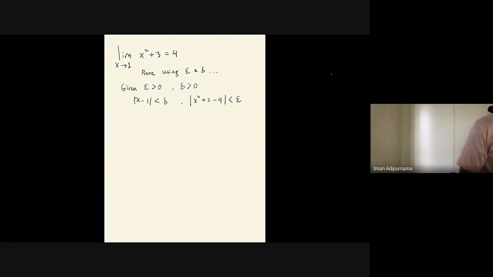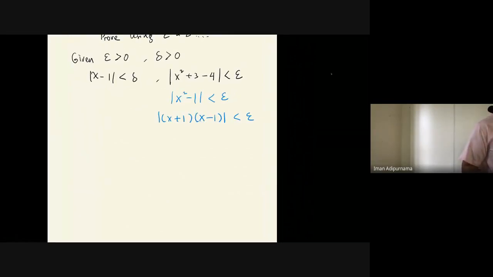So from here, you will find that this is x squared minus 1. Let's try to factorize this: (x plus 1)(x minus 1), right? What we want is the x minus 1, the distance, right?